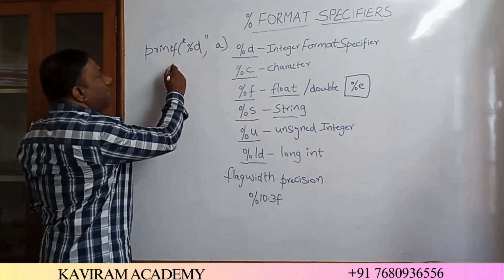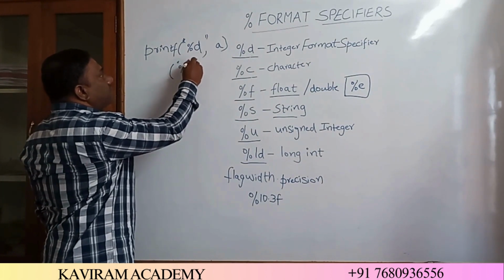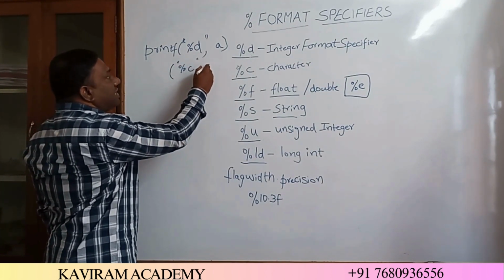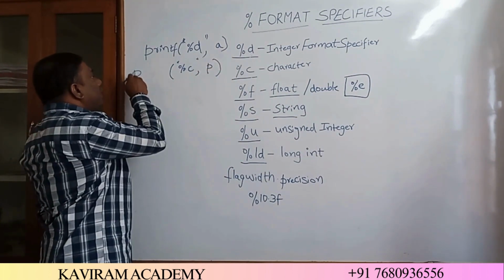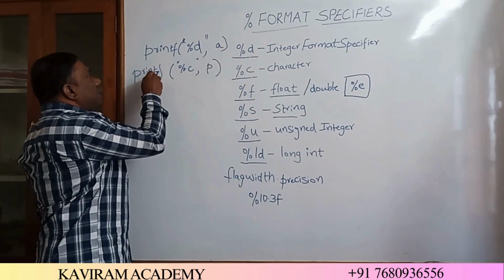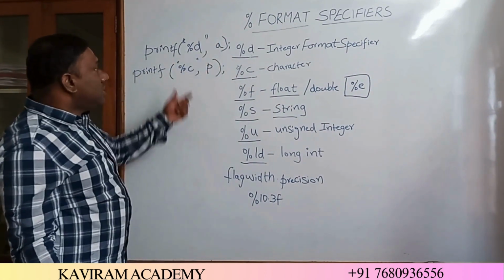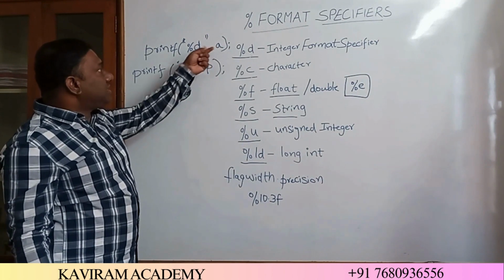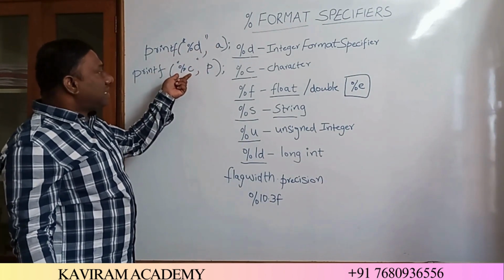Similarly, if I want to print a character, I represent it as %c, and if it is there in some variable in printf, in this way, I need to mention my statements. So integer %d, if it is a character, %c.